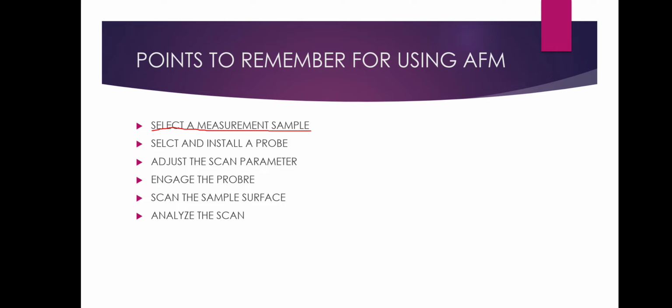So we need to adjust the scan parameter correctly, because if we are reading the sample surface at a higher velocity, then it might lead to improper surface tracking and the tip gets finished faster. So we need to adjust the scan parameter properly.